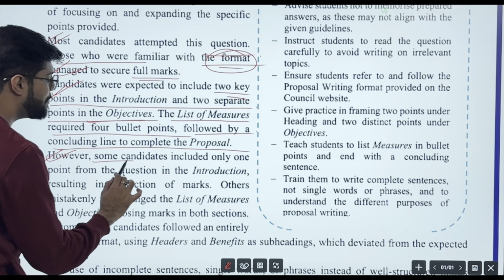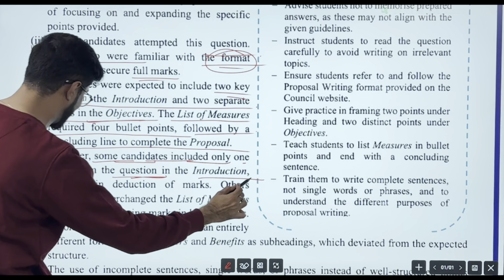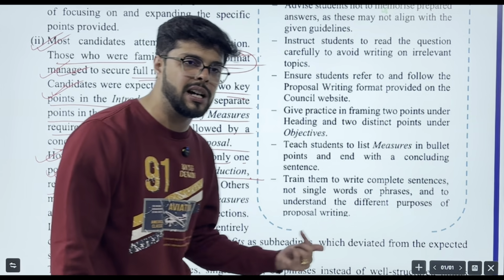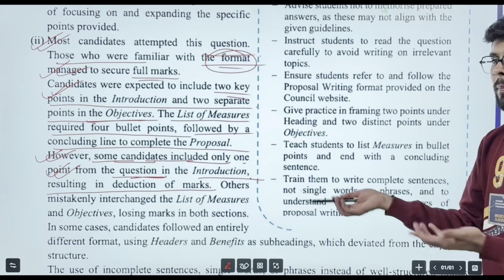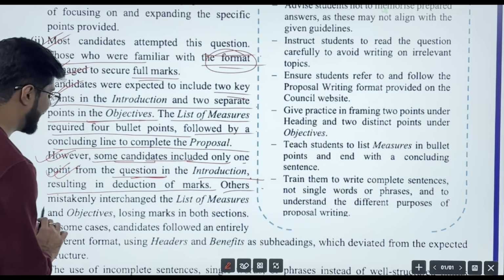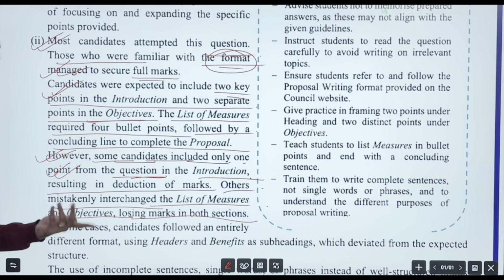However, some candidates included only 1 point from the question in the introduction, resulting in deduction of marks. They copy-pasted what is given in the topic, forgot to add their own second point, and 1 mark was lost. Okay, don't do this. And others mistakenly interchanged the list of measures and objective, losing marks in both the sections.